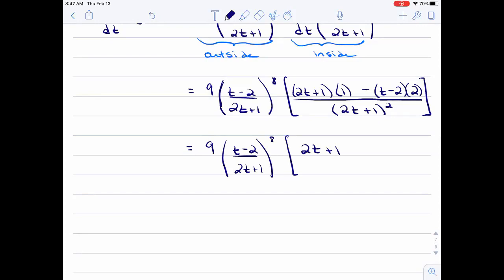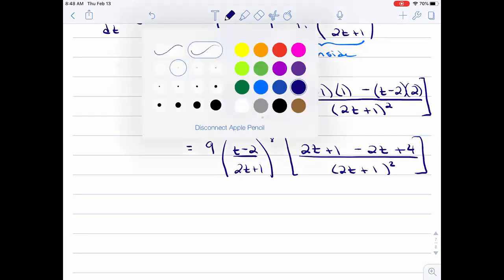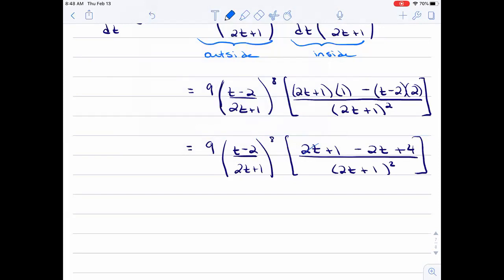So then I've got minus 2t plus 4 over 2t plus 1 squared. This is going to simplify a little bit, right? 2t minus 2t goes away. And then I've got 1 plus 4 in the numerator.